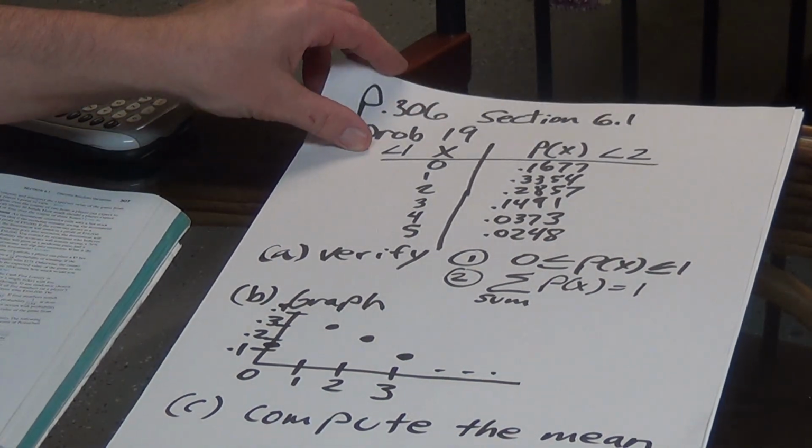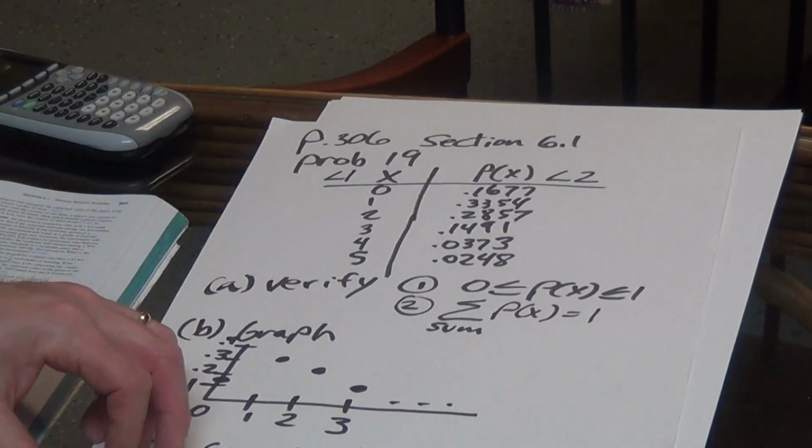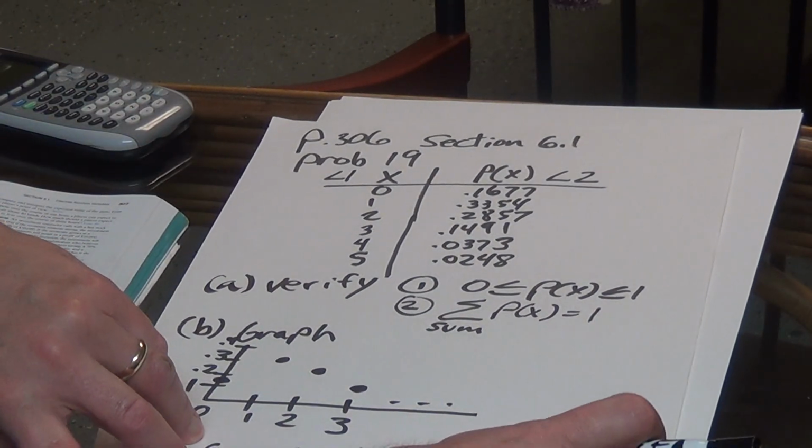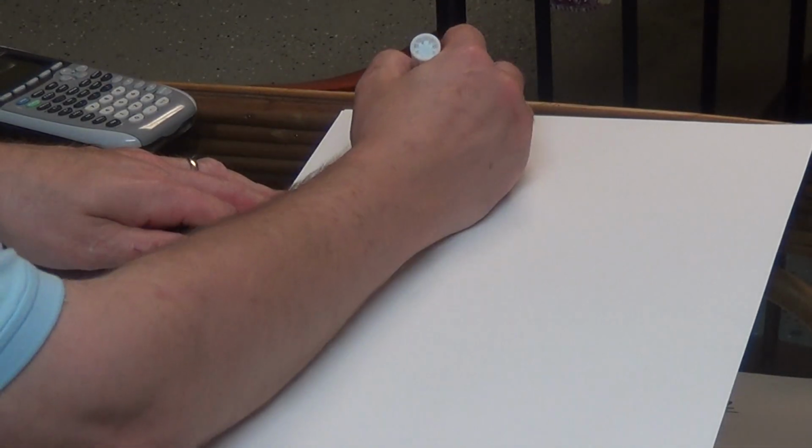The next thing they wanted you to do was to compute the mean. So let's see if you remember how you use the calculator to do that. That's part C on this. Compute the mean.